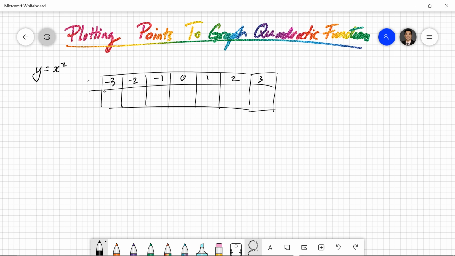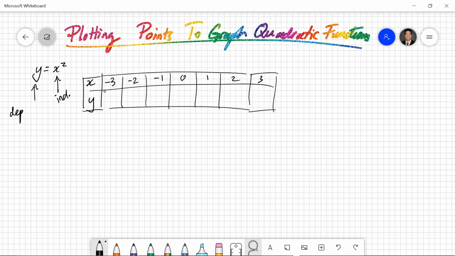And remember, your x values are your input, or your independent variable, and y is your output because y is dependent on x.